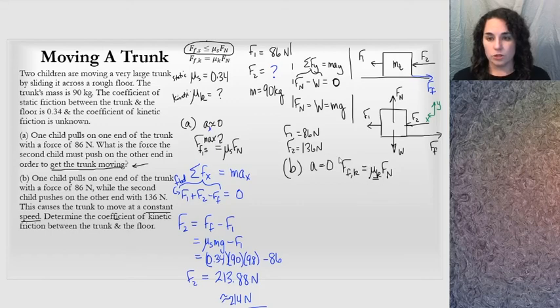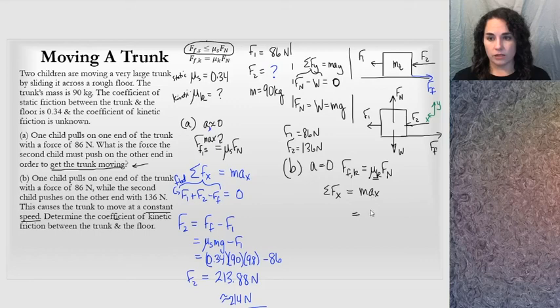So I already know my relationship for the normal force. Nothing's changed in the problem other than it looks like it's moving, and we know how big that force is from that second child. So I'm going to set up Newton's second law again, very similarly to how I did in the first part of the problem. The sum of forces in the x direction equals max.